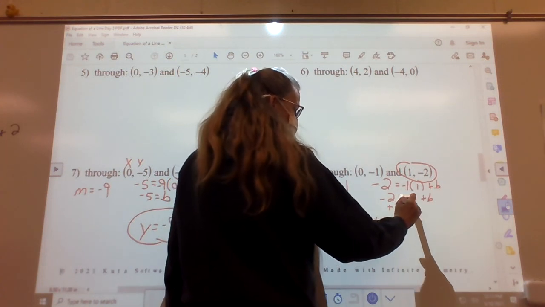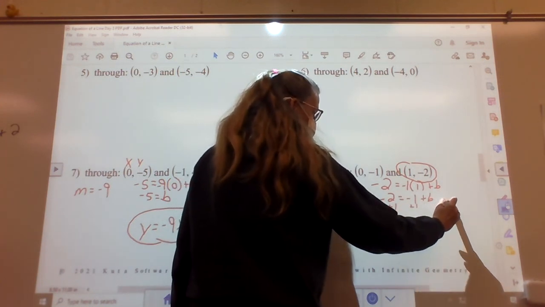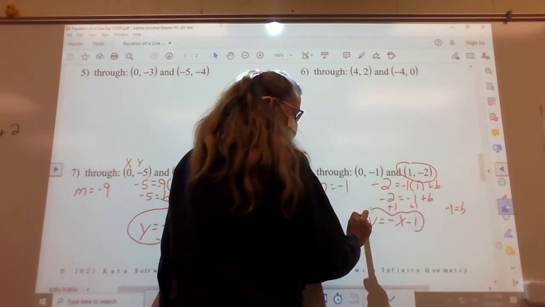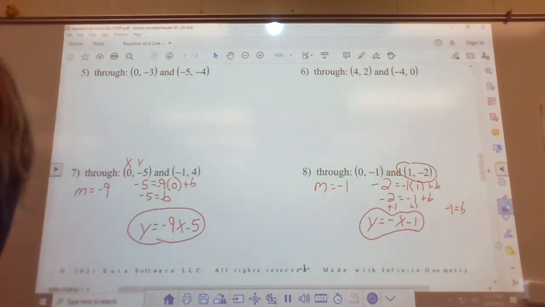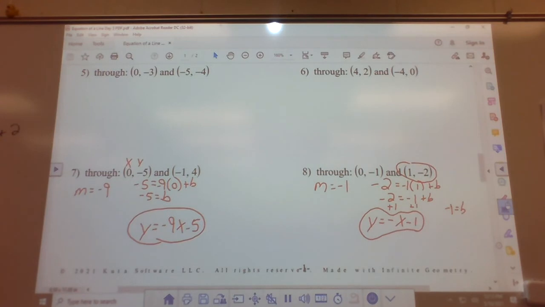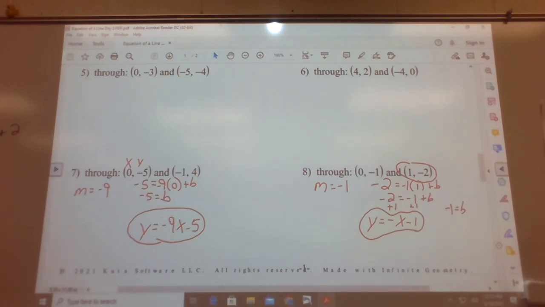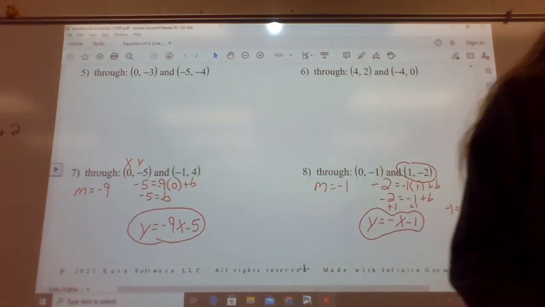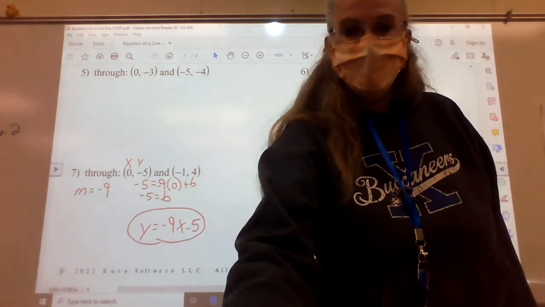Add 1 to both sides. You end up getting negative 1 equals b. Then you can go ahead and write this. Multiply straight across. Are we okay, 7A? Go ahead and turn this off.